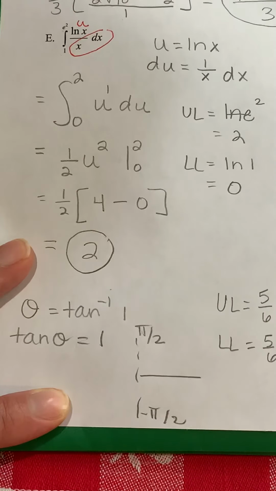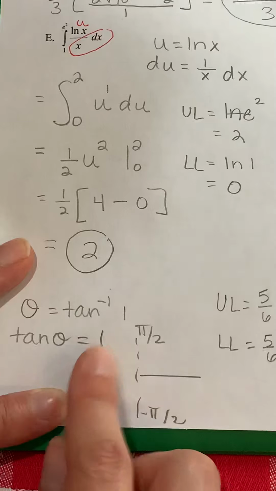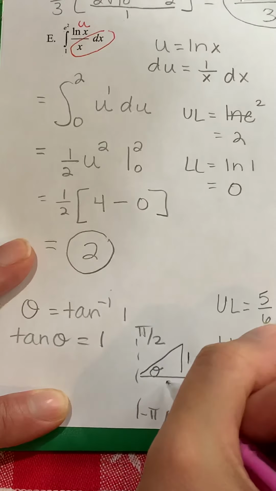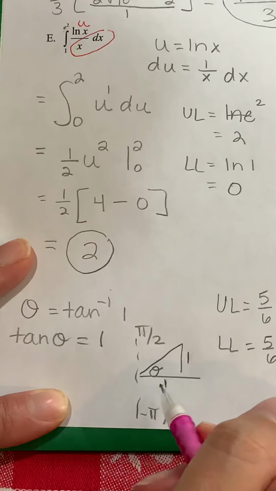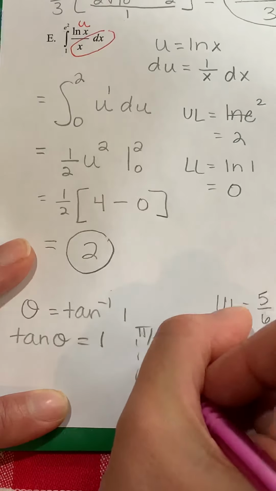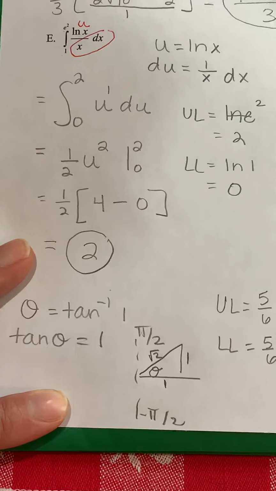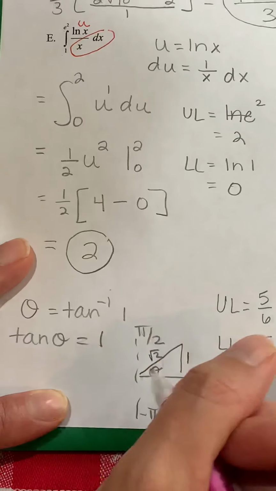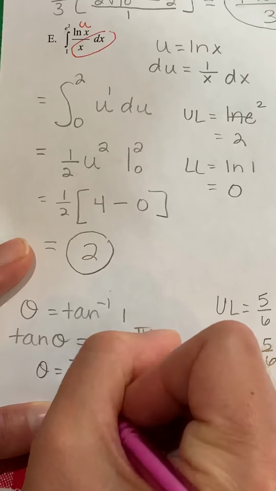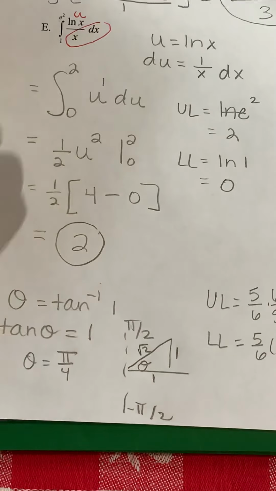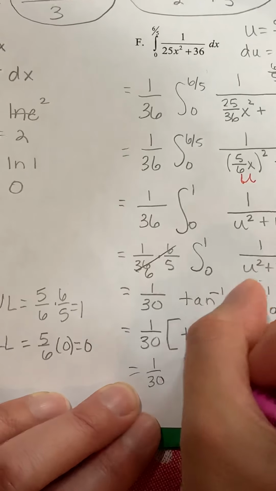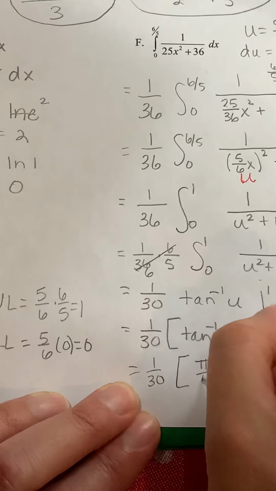Since it's a positive answer, I know I'm in quadrant 1 for my theta, and I know tangent is opposite over adjacent. So when you have this set up, the hypotenuse is the square root of 2, and we have one of our special values. This triangle's angle theta is pi over 4. So we're going to get 1/30, and we have pi over 4.